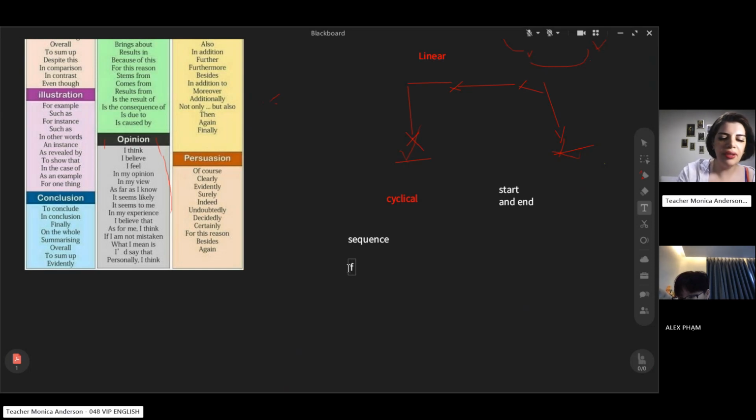Like, for example, firstly, or secondly, or for example, then, next, and for example, afterwards, or finally, eventually, or previously.